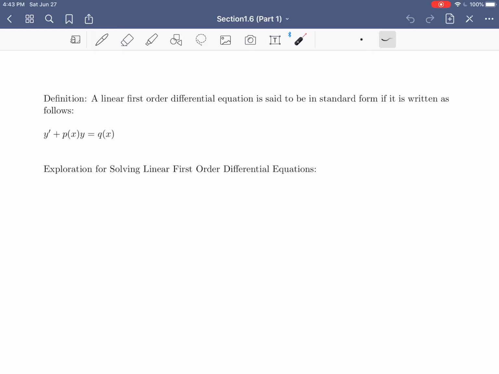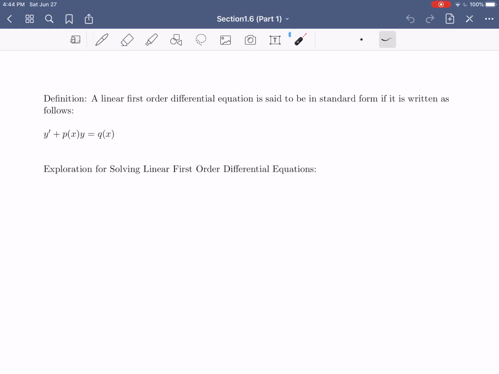If you think about what we did with separable, though, the idea was that if we could get all of the stuff that was a function of y on this side and everything that was a function of x on this side, then we could integrate both sides with respect to their respective variables. So we'd integrate the left-hand side with respect to y, right-hand side with respect to x. Again, we don't anticipate in this format being able to separate x's and y's.